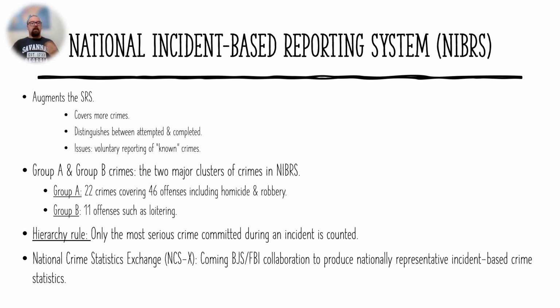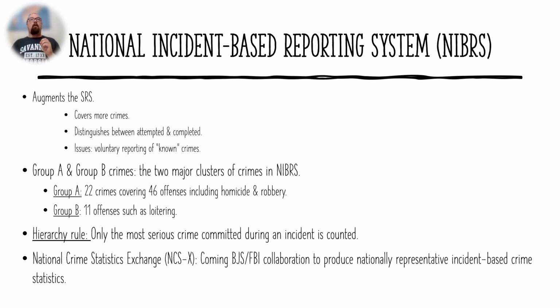Another issue or limitation with the NIBRS is that it only reflects known crimes. Remember, the NIBRS is also utilized by the FBI. So law enforcement can report their incidents to the FBI under the National Incident-Based Reporting System.